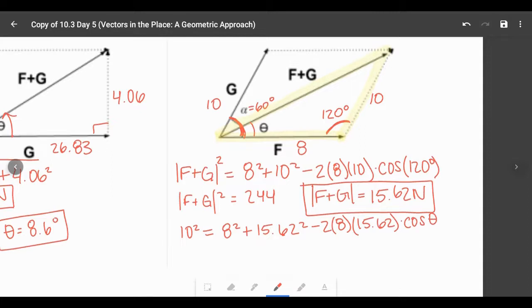So I should get that the cosine of theta is equal to 207.9844 over 249.92. And so then from there, we take the inverse cosine and get that theta is approximately 33.67 degrees.